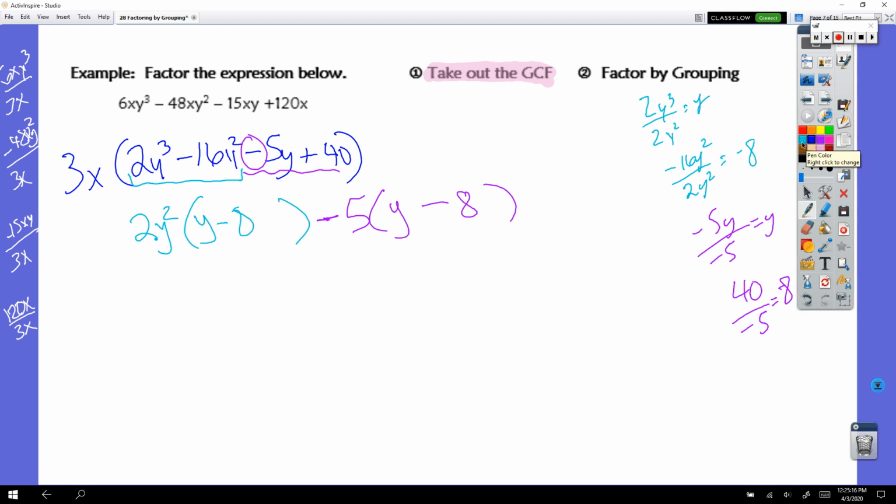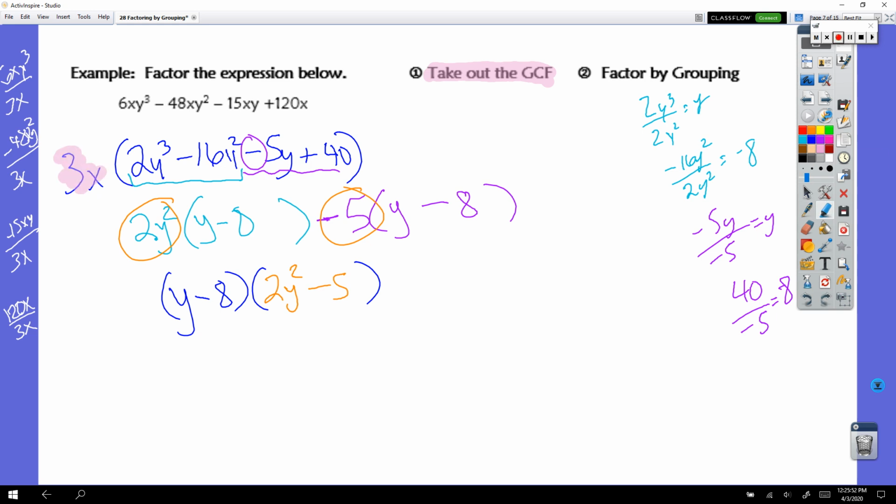Then let's continue this factoring, and then we're going to go back and fix notation, because we have to do something to help us out with our notation. Following through with our regular process, we would notice that the y minus 8 is in common between the blue and purple sections, and that the expressions that we divided out go in the second set of parentheses. Now we've got to make sure we've got good notation, because back at the very beginning we had a GCF, so we can't forget that in our total process.